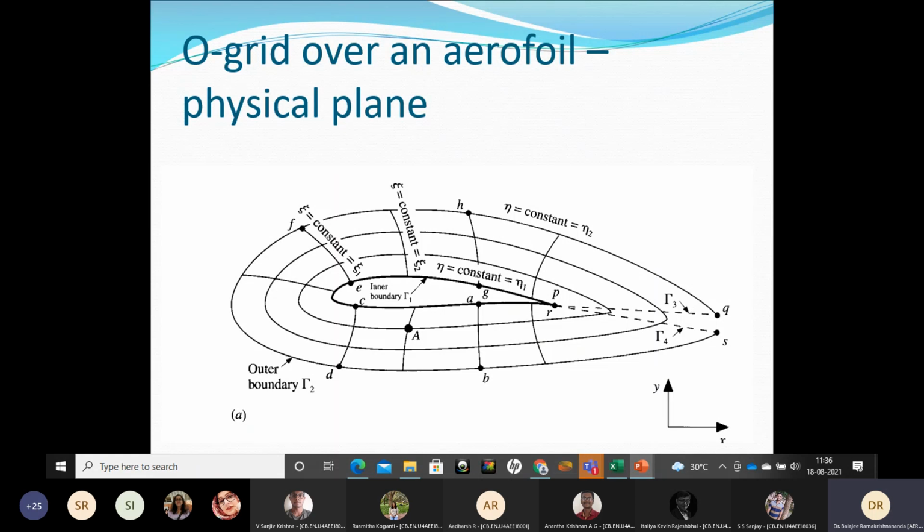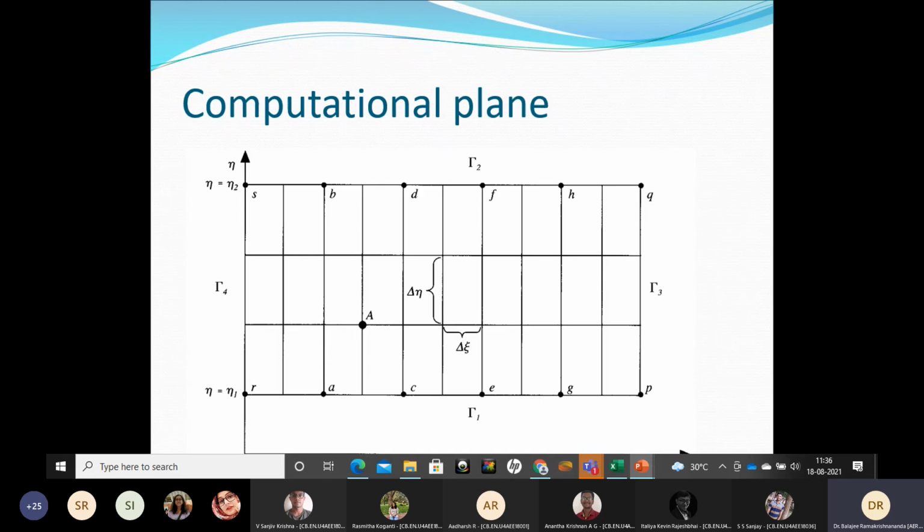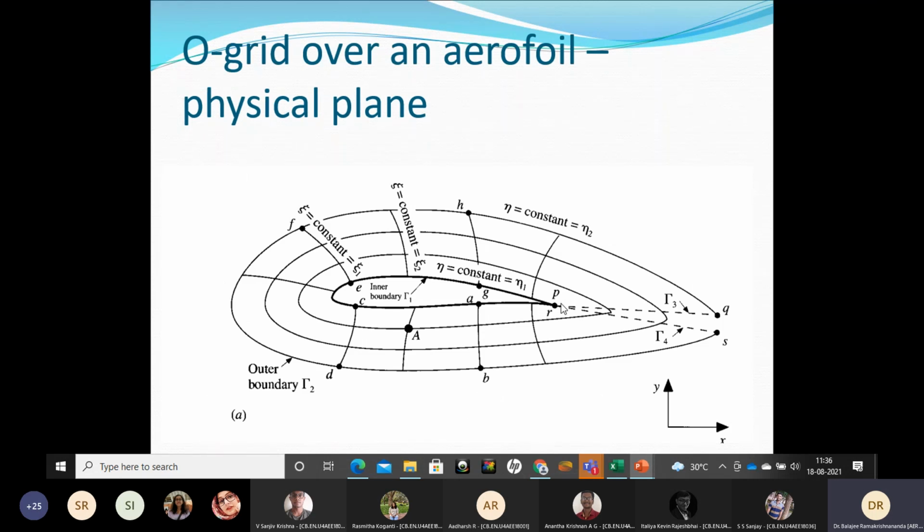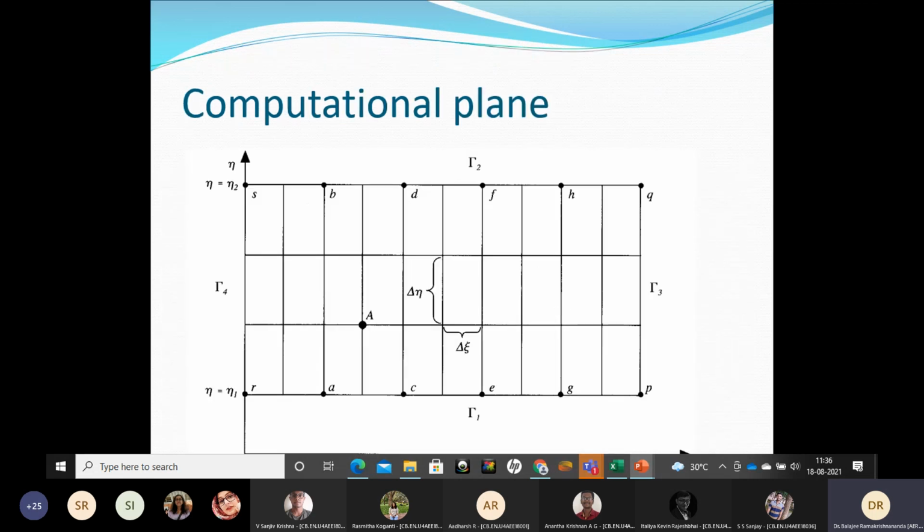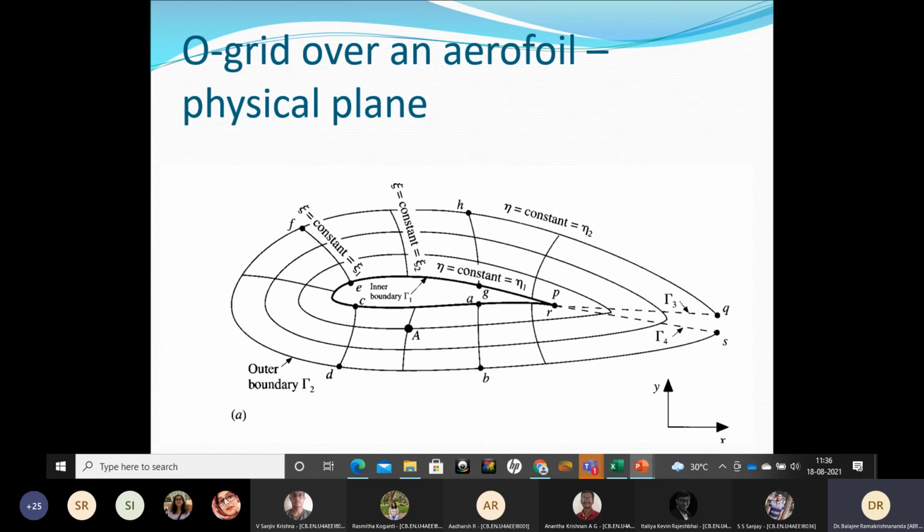So in the computational domain, how do they look? The gamma 1 is the whole solid wall from R to P, with R and P denoting the same point actually, physically. Physically, R and P are the same point. We just say that P is on the upper surface, R on the lower surface. Essentially, they should be the same point. Then we have gamma 4 and gamma 3.